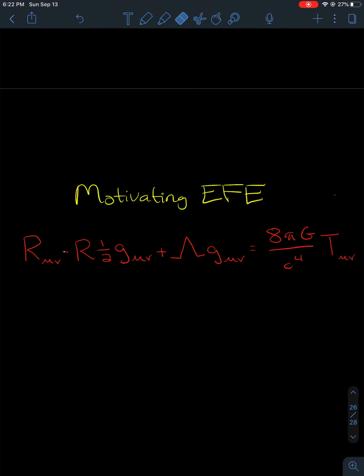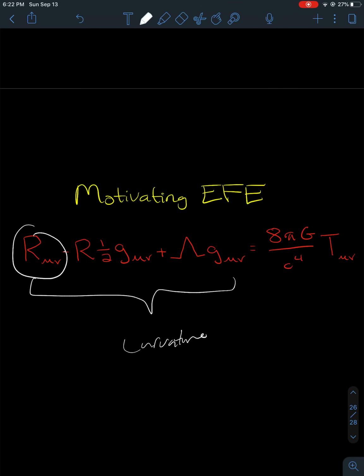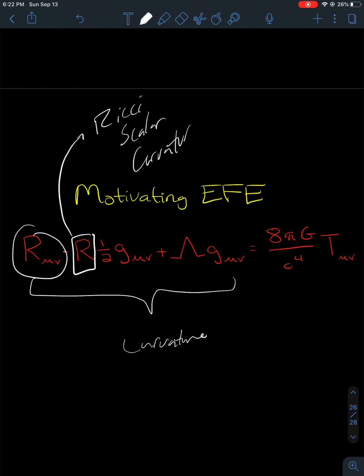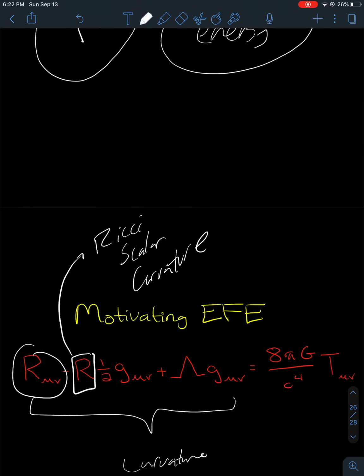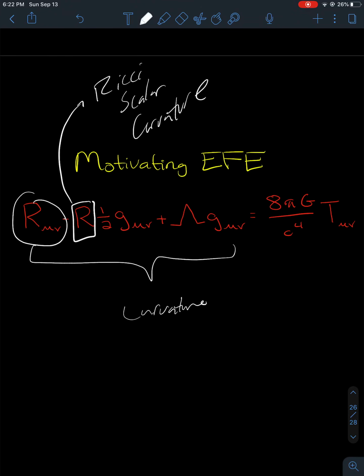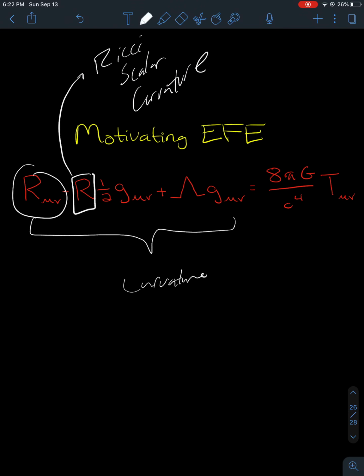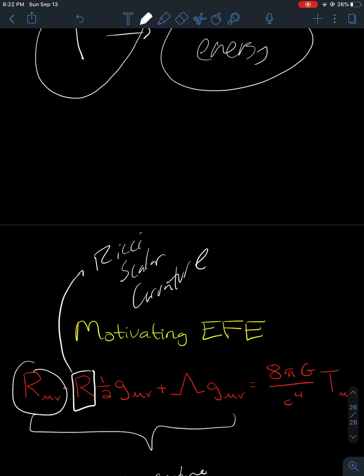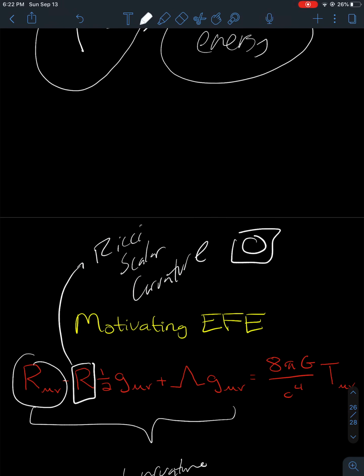All these elements on the left side of the equation tell you about the curvature of your space. Like here we have a Ricci. Oh my gosh, I forgot to talk about what this is over here. This right here is called the Ricci scalar curvature. I totally forgot about it because there are so many R's in this equation, and so many R's in geometry as a whole. This R over here is the Ricci scalar curvature. It just says that if I have a plane, the volume formula is blah blah blah.